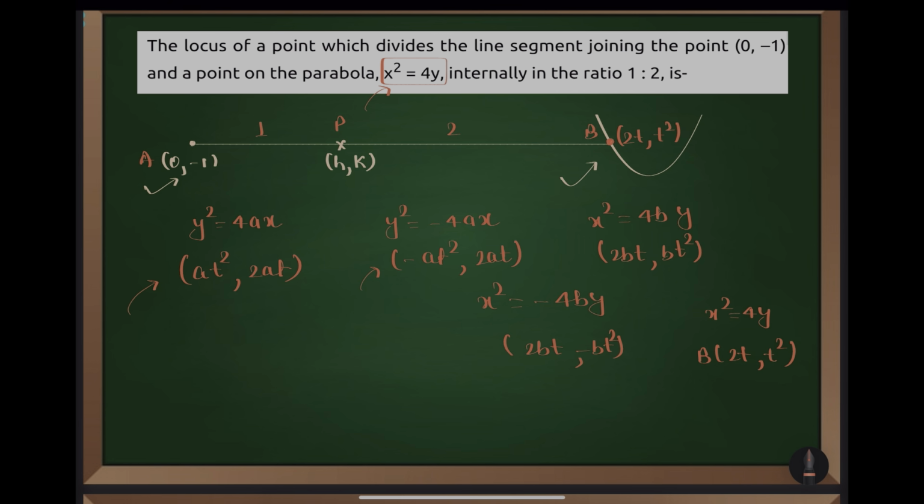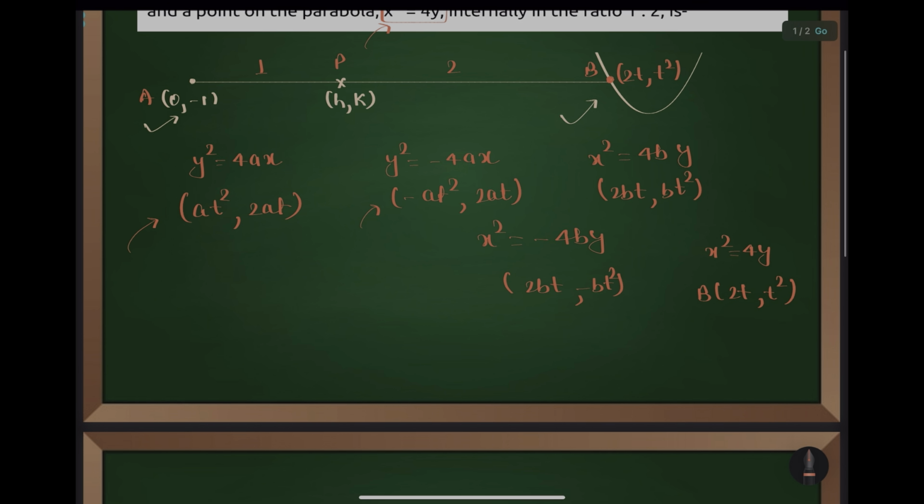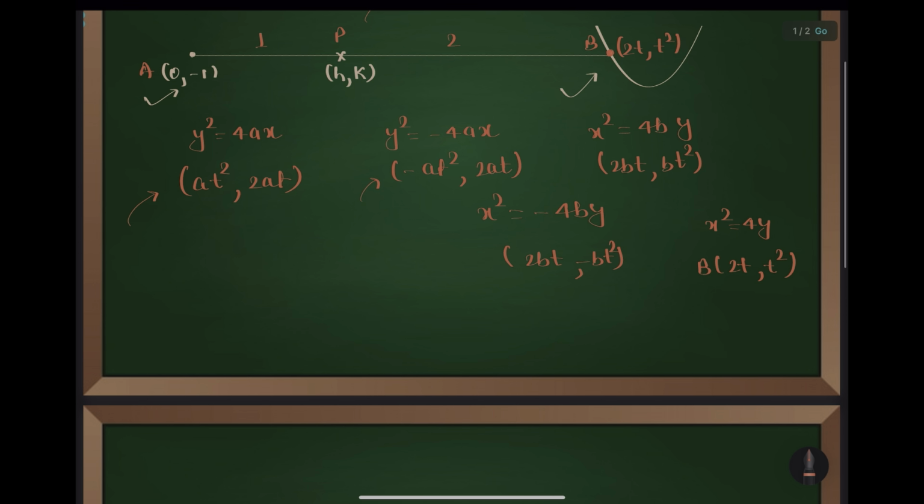Now you know that we have studied the section formula, correct? Now look at this. We have introduced h, k and t, so you have to replace these h, k, t later. Now I'll draw that diagram one more time.